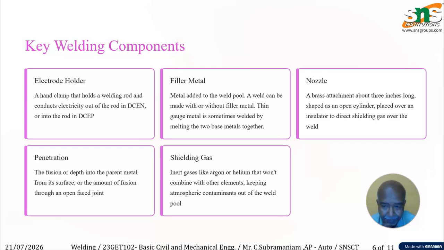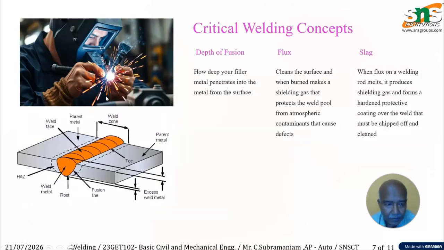Thin gauge metal is sometimes welded by melting the two base metals, and sometimes filler will be added to that. And here you can see the weld penetration also. When these two parts have to be joined, the weld will penetrate until the thickness of the metal itself. There will be a weld face, which combines both the metals.